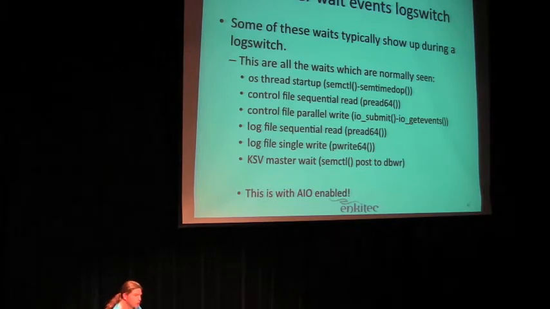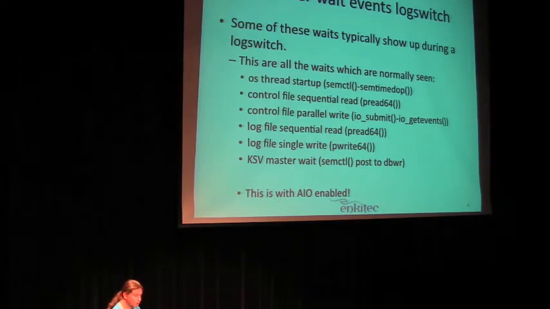When doing a log switch, the log writer encounters quite some other calls. OS thread startup is actually where your process asks Oracle to spawn another process, for example a parallel query slave, and it will wait in some timed operation, a semctl, to be notified that the process you wish to have is started now.